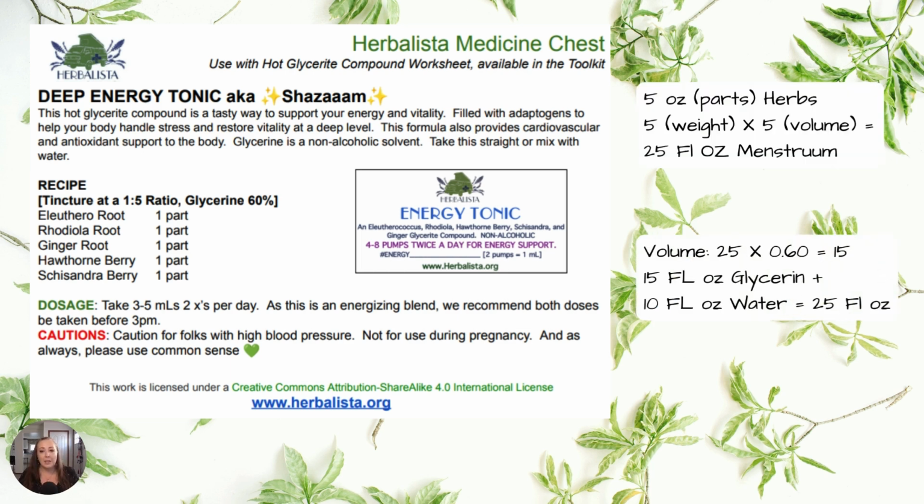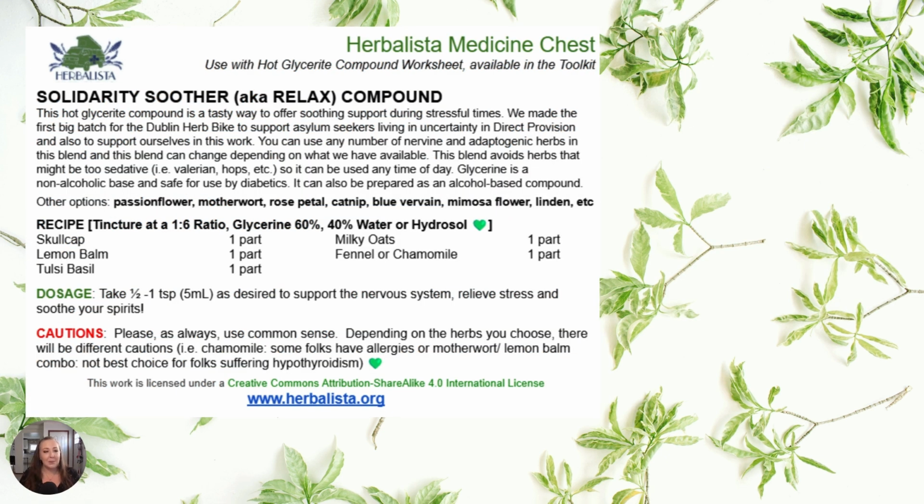So that would mean we would take your volume of 25 and multiply that by 0.6 or 60%. And that is going to give us 15. So that means 15 fluid ounces of glycerin and 10 ounces of water would equal our 25 fluid ounces of menstruum. Okay, we'll do another one.